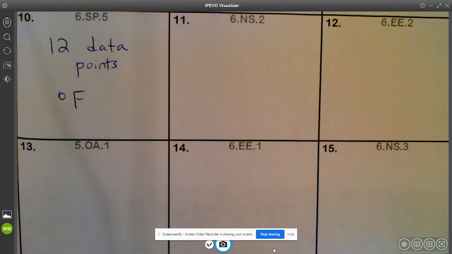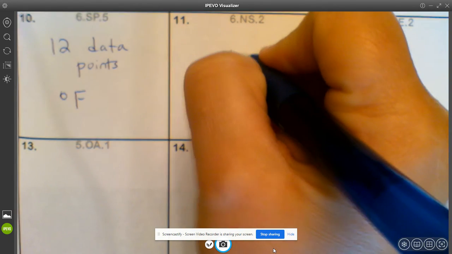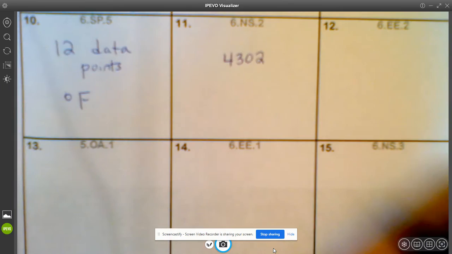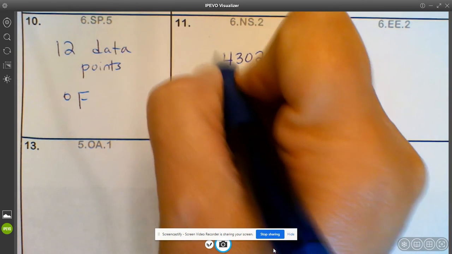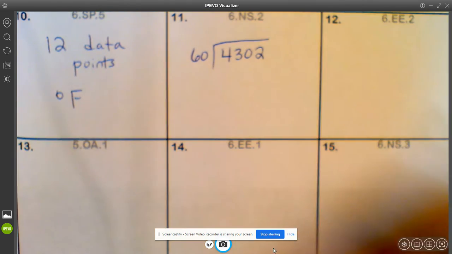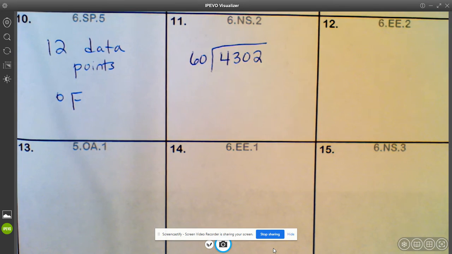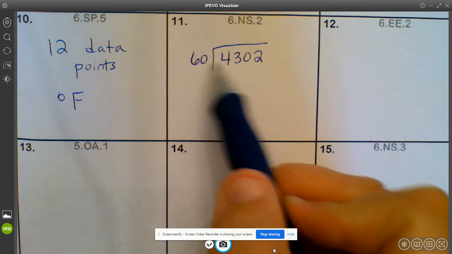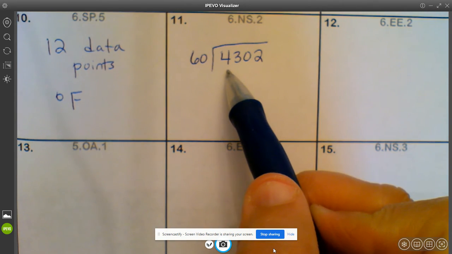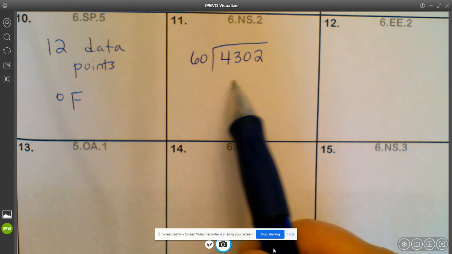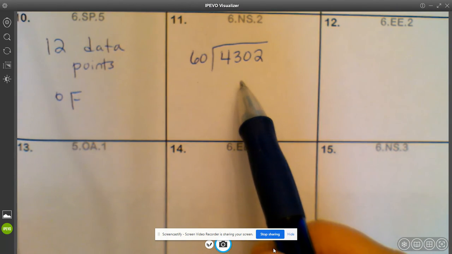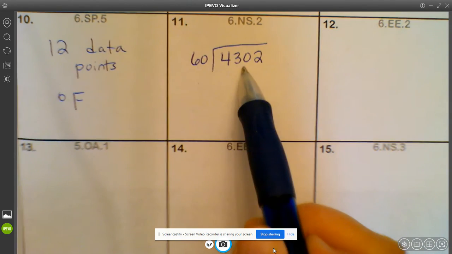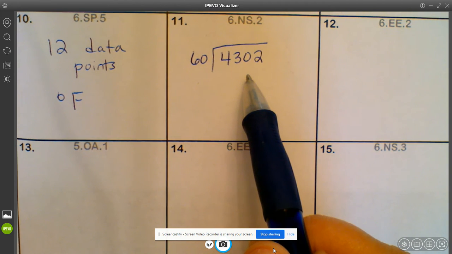Question 11 is a division problem, and we have 4,302 divided by 60. Okay, so I'm going to ask myself, will a group of 60 fit into 4? It won't. Will a group of 60 fit into 43? It won't. Will a group of 60 fit into 430? And it will.